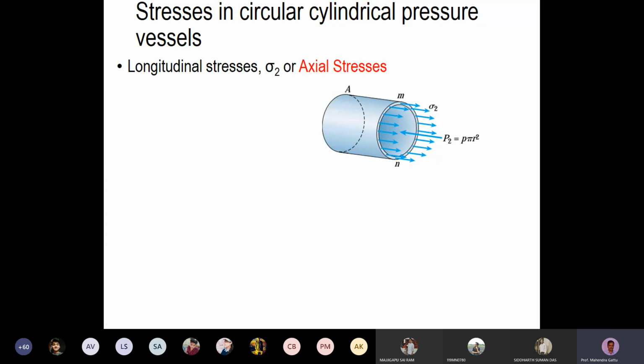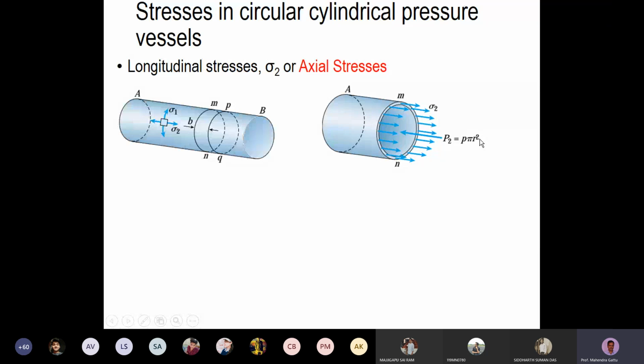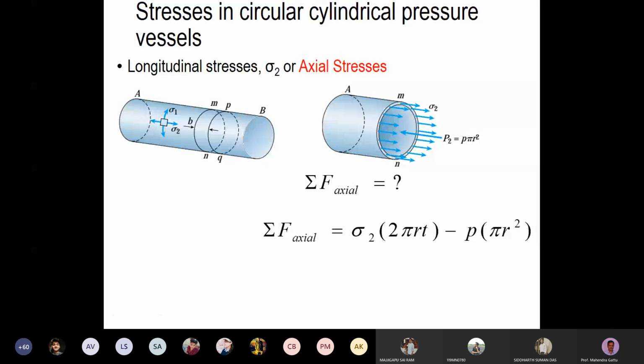The force along the length due to the stress sigma 2 will be sigma 2 times 2 pi r times T, and this force will be P times the circular area, which is pi r squared. We cancel out pi and r, send the 2 down, and we get PR by 2T. So this is the axial stress in the cylindrical pressure vessel.